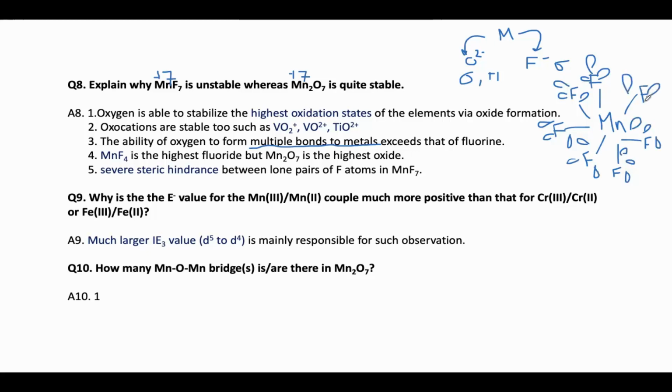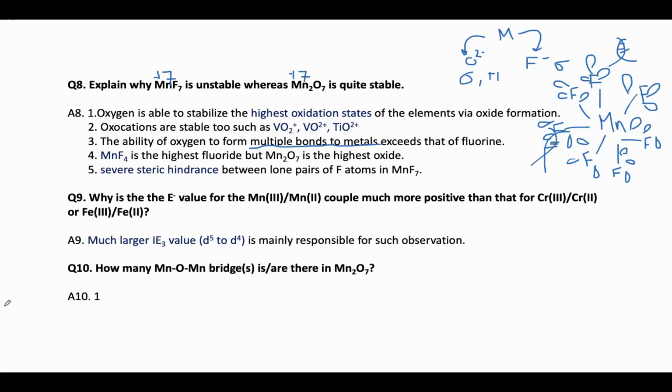Since the atoms are smaller in size, they will be dragged more towards the manganese center, so that will cause severe steric hindrance between these lone pairs of the 7 fluorine atoms. That's why in the case of MnF7, the system is getting destabilized, which is not that prominent in the case of the oxide species. That's why MnF7 is unstable.